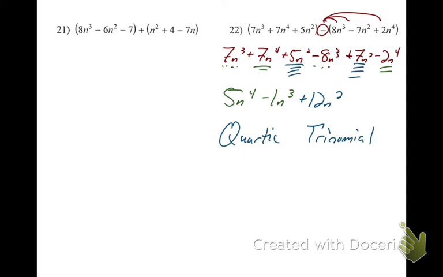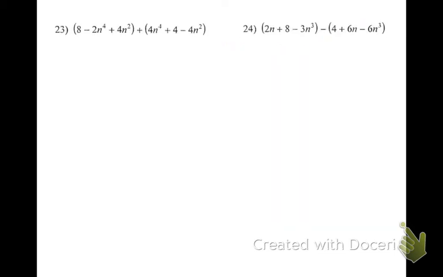Okay. And then last but not least, I'll do another subtraction problem. So let me go to number 24. I'm going to go ahead and rewrite 2n plus 8 minus 3n to the third, and then I distribute the negative sign over here. So this will be minus 4 minus 6n, and then plus 6n to the third. Okay, so now those two are the highest degree terms.